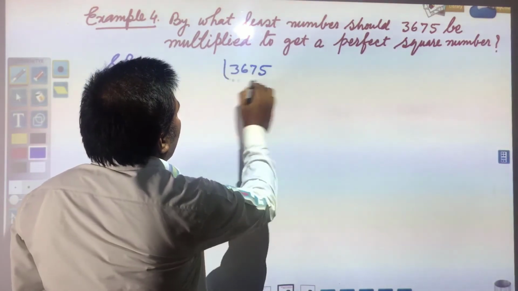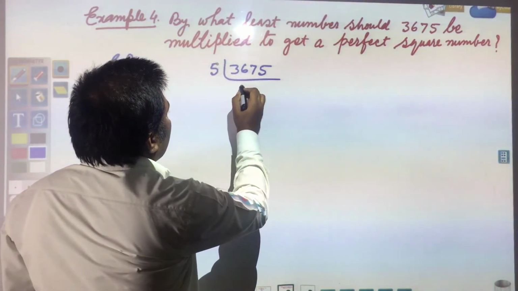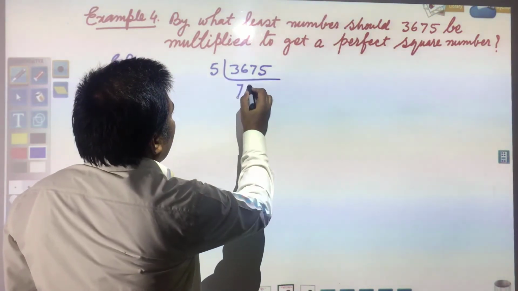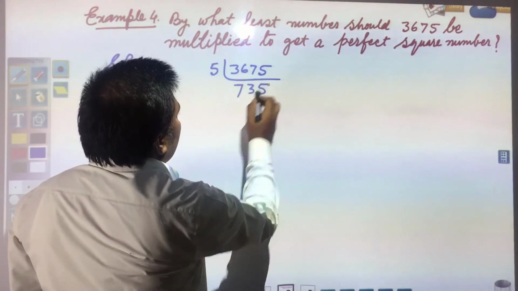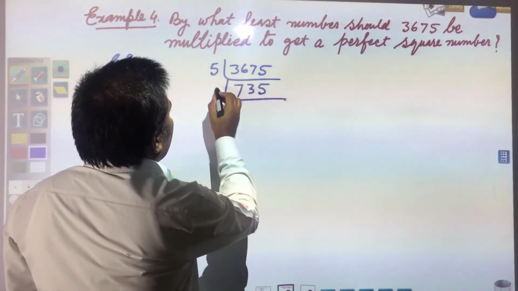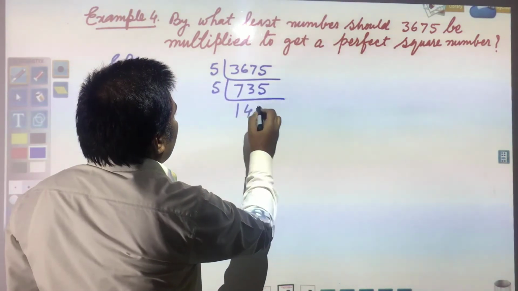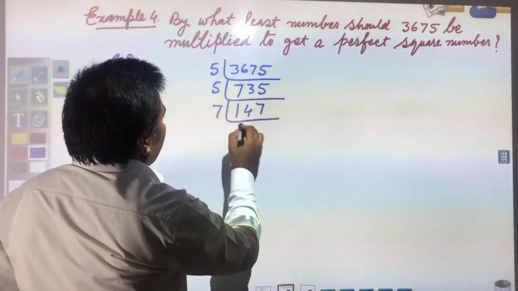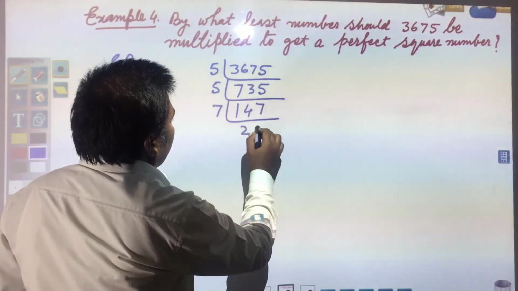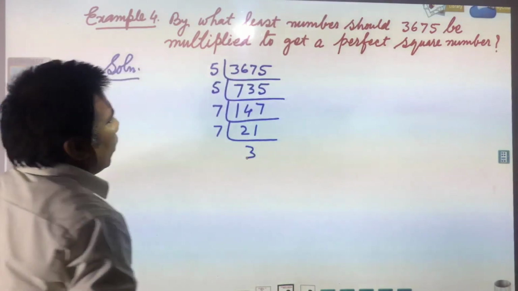3675, you divide by 5. 5 7s are 35, 5 3s are 15, 5 5s are 25, 5 1 is 5, 5 4s are 20, 5 7s are 35, and 7 2s are 14, 7 1 is 7, and 7 3s are 21.